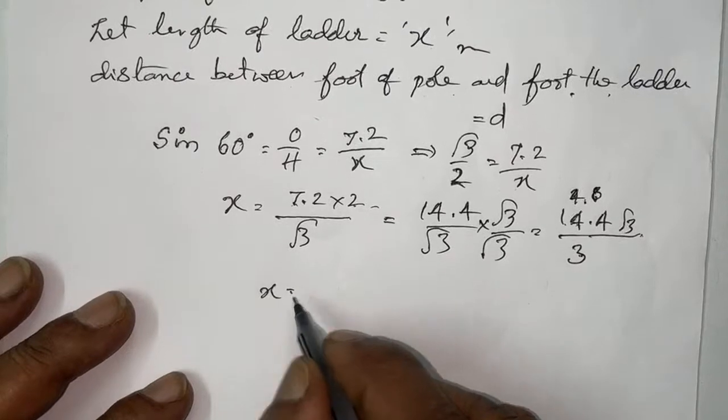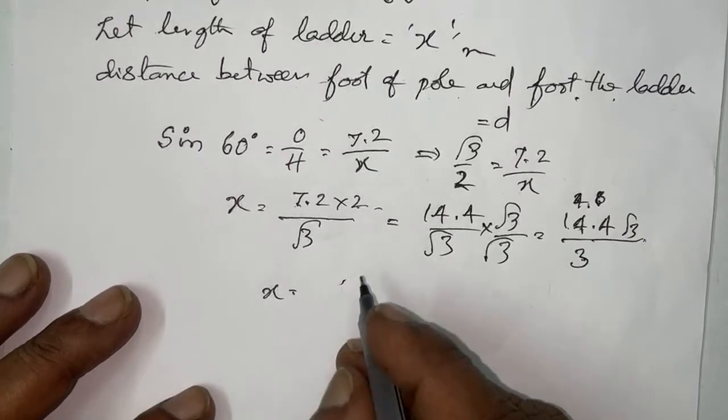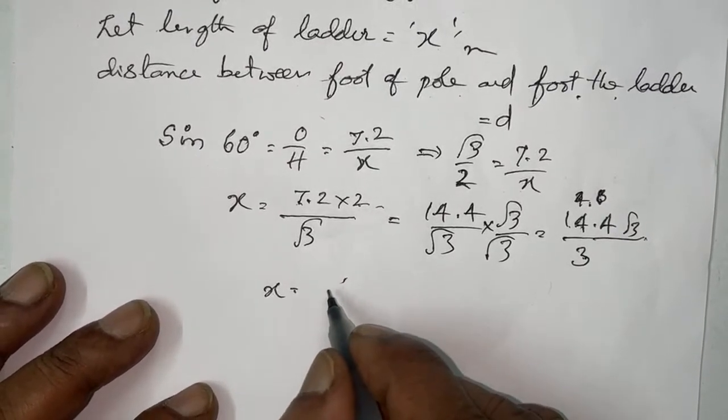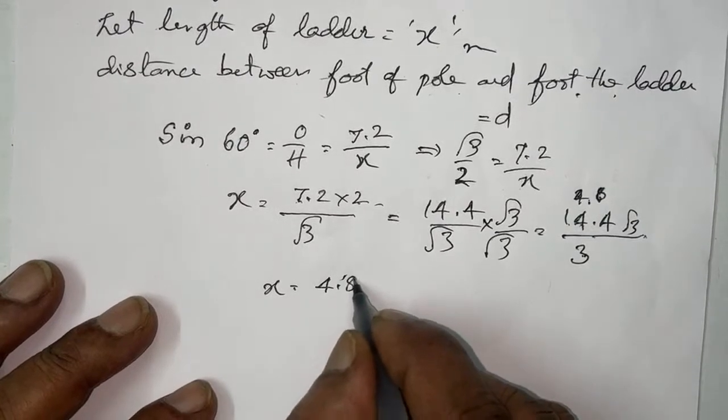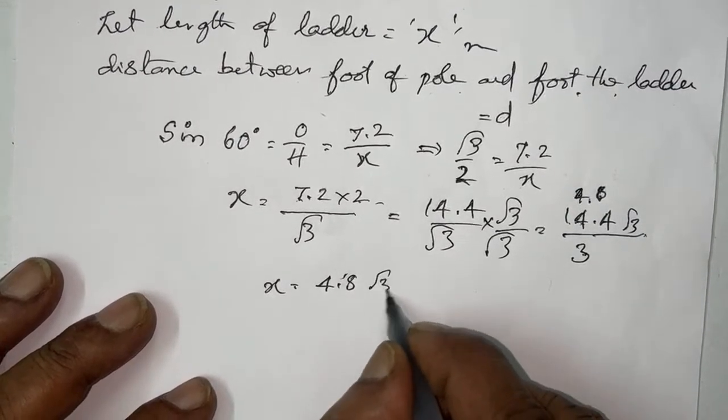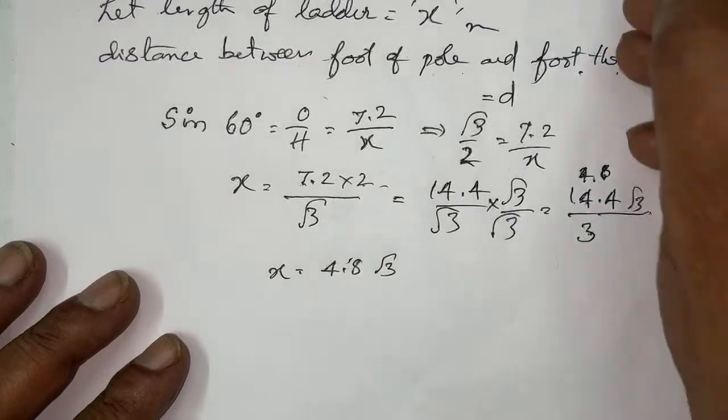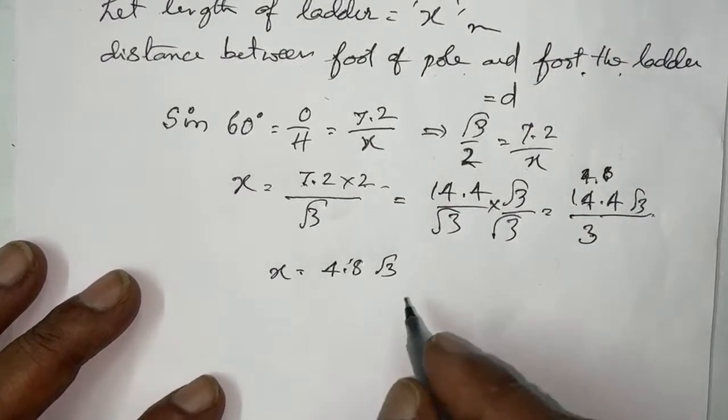So x is equal to 4.8 root 3. That means the length of the ladder is equal to 4.8 root 3.